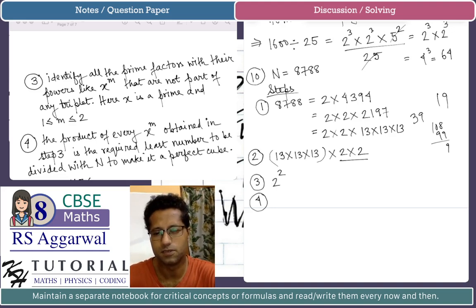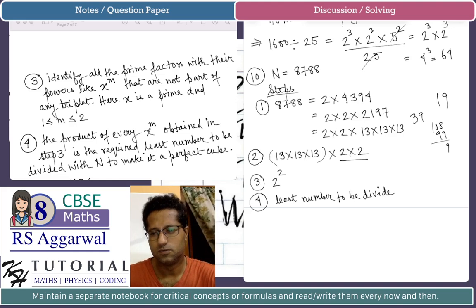So the least number to be divided is 2 square, that is 4.